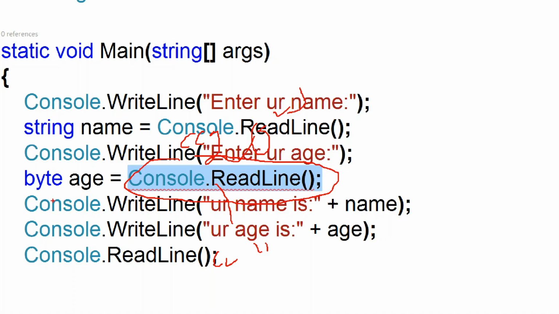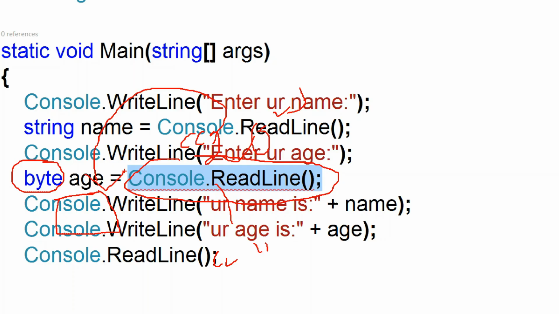But on the LHS you created a variable called age, and its type is byte. The RHS is a string value, and the LHS type is byte. You are trying to assign a string value into a numerical data type variable called byte. So here, match or mismatch? Mismatch.